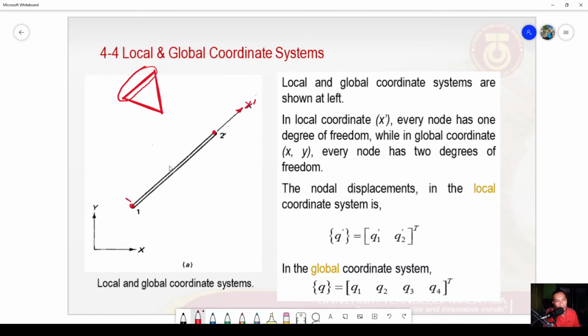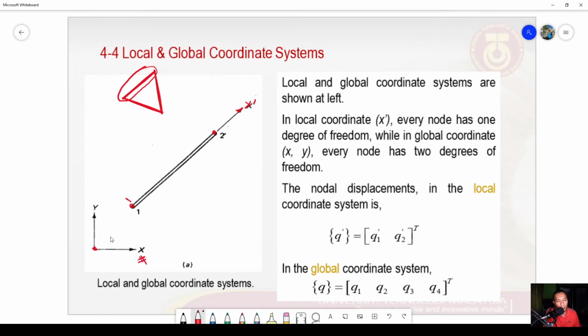But if we look at this structure as a whole picture, we can view this in the x and y direction, for example, where we have our global coordinate system, which has its axes x and y as shown in these figures.